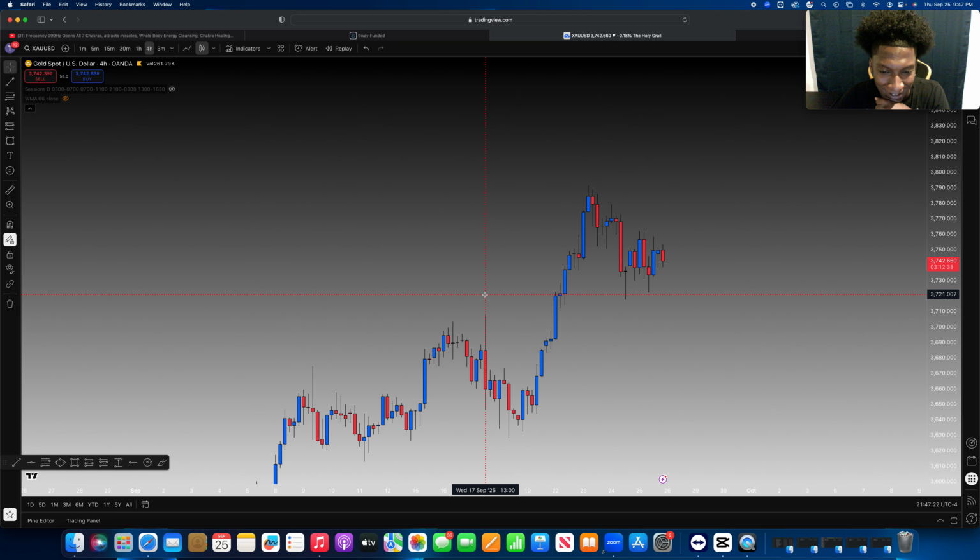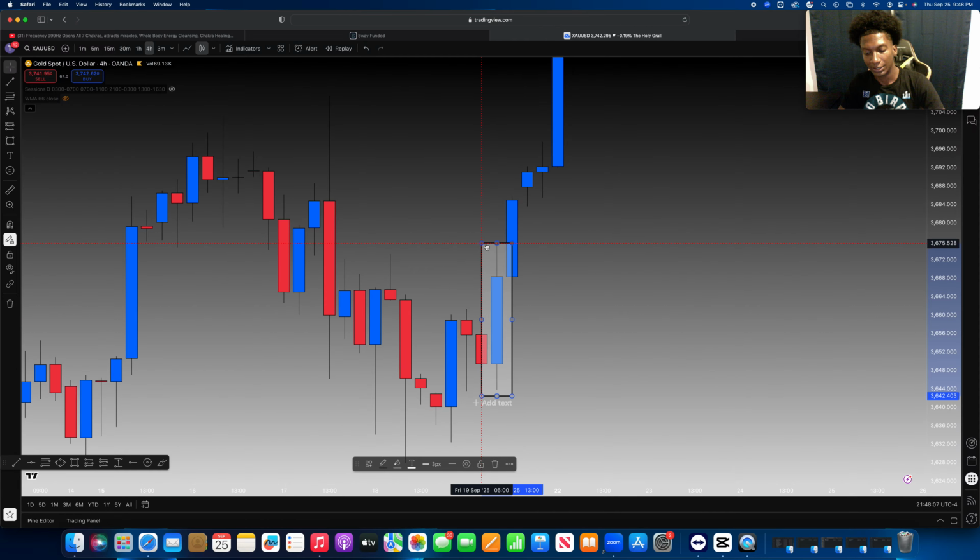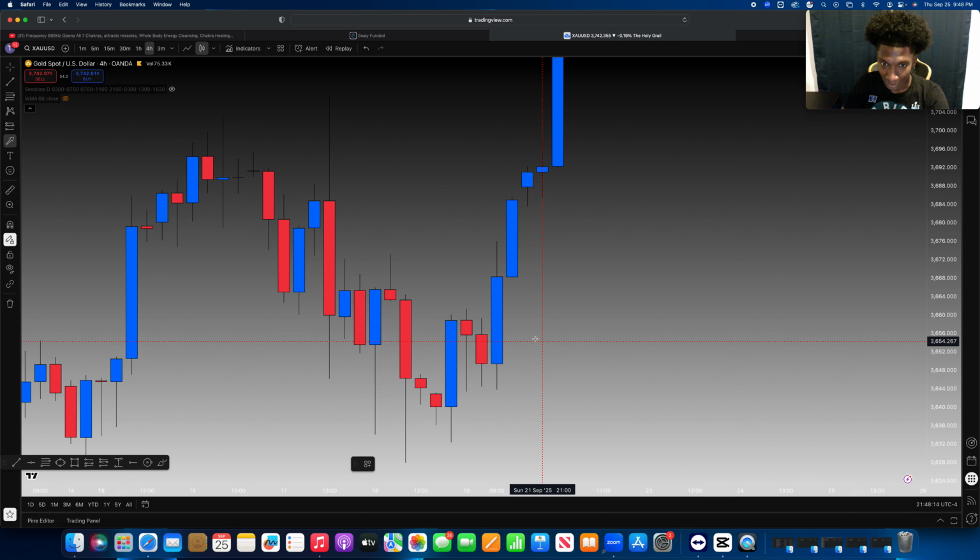So if we look at this blue candle right here, it's a blue candle. It's a bullish candle. Price increased with this blue candle right here. If you look at the candle and just look at its characteristics, it has the body.